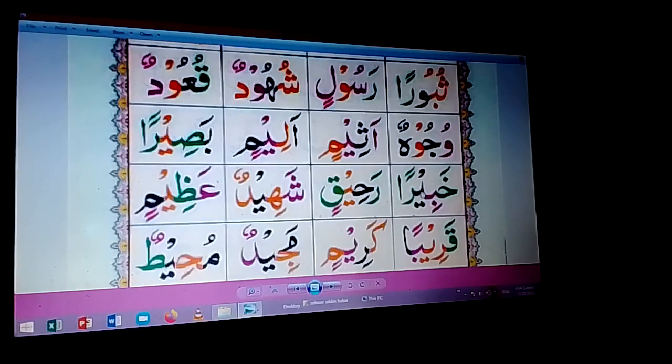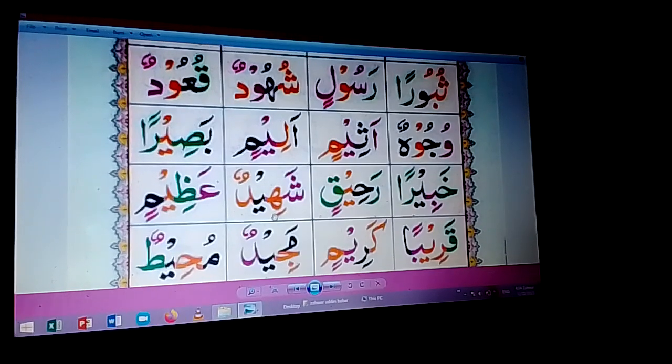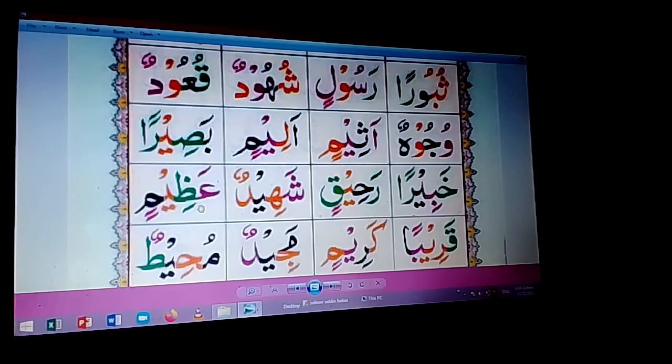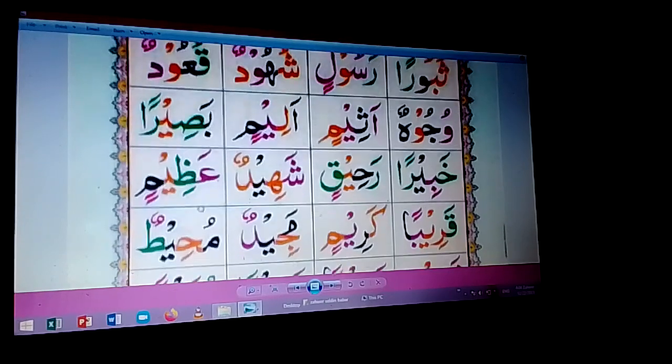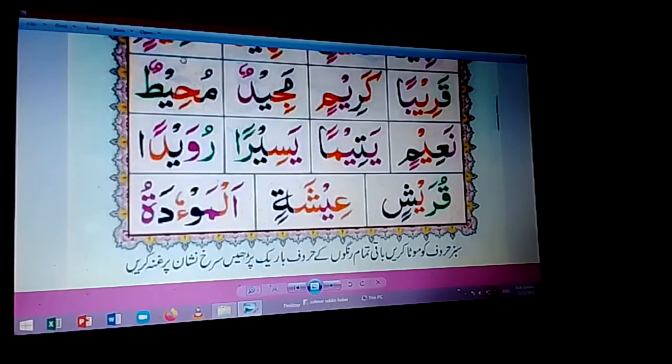And next is khabiran. Rahiqin. Shahidun. Azimin. So on the same pattern, you can practice this page.